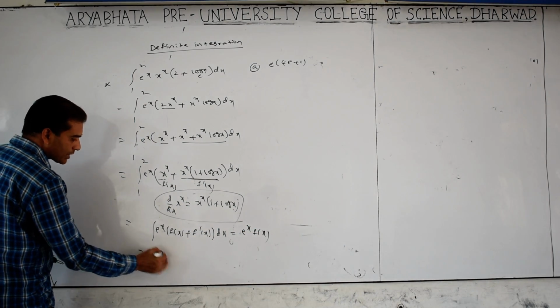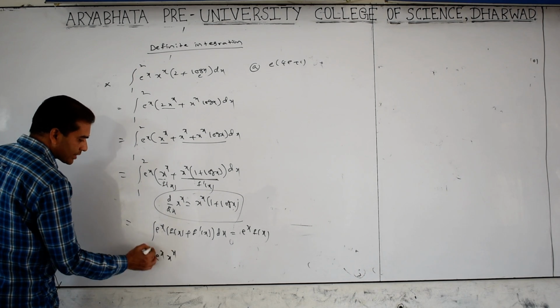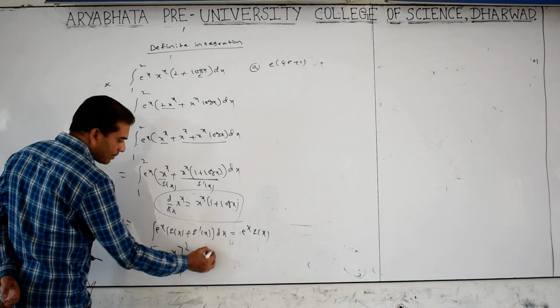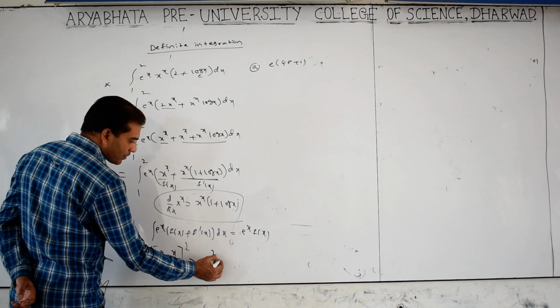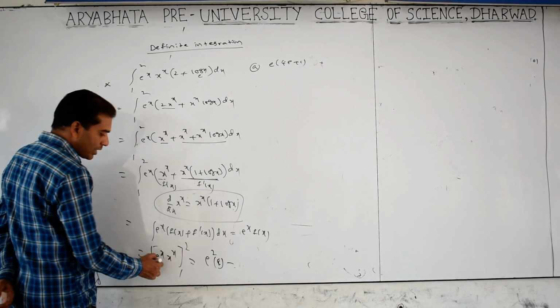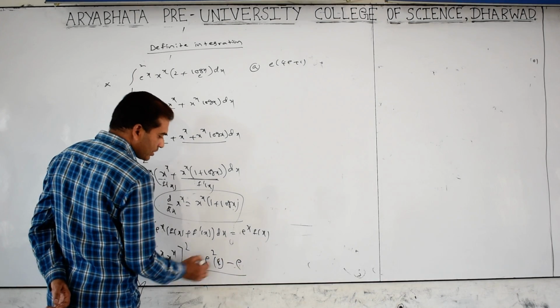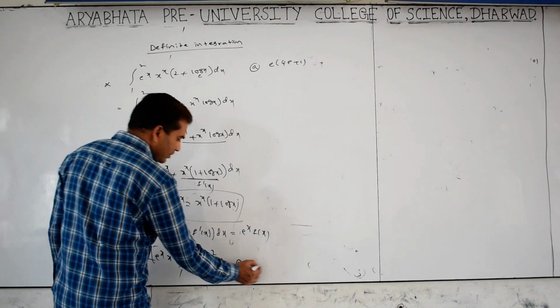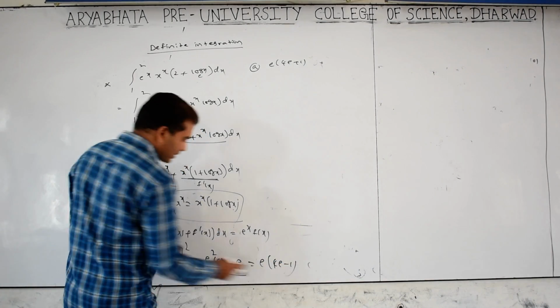So e power x into x power x, with limits 1 to 2. Apply the upper limit: e square into 2 square is 4, minus the lower limit, which is e. So this is 4e square minus e. Taking e common, you will get e into (4e minus 1), that is the answer.